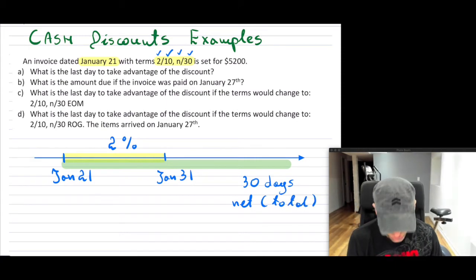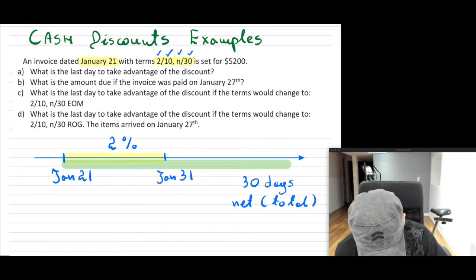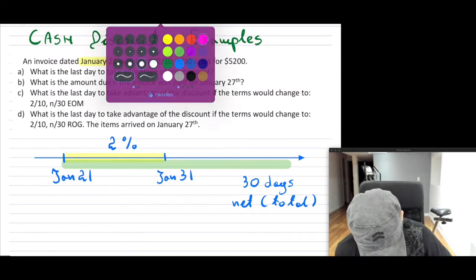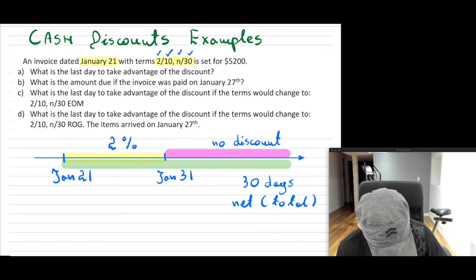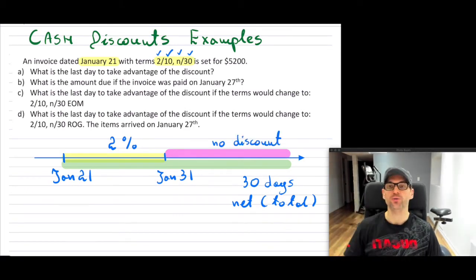So you have to pay that off. Past that discount period, there is no discount. So if you pay on February 1st onwards, you get no discount.